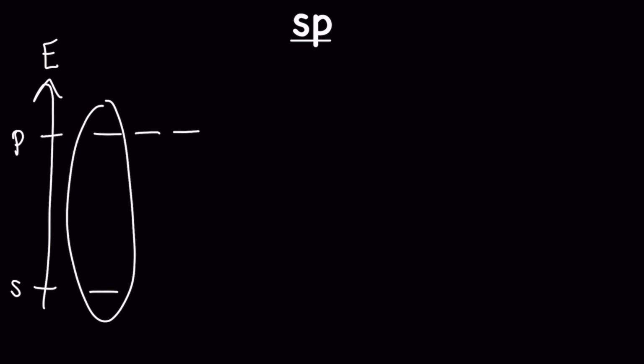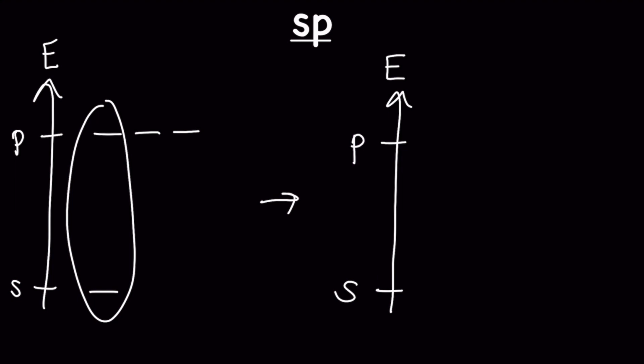And if we were to do this, where do you think their average position is going to be this time? These sp orbitals, 1, 2, are going to be 50% of the way between s and p, 1/2 of the way between. And for these untouched p orbitals, we are going to leave them untouched.